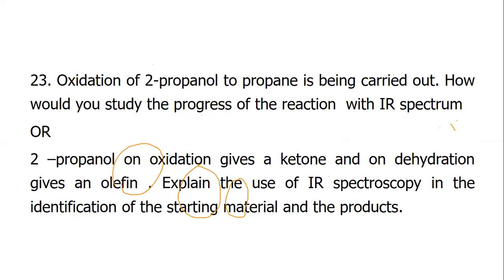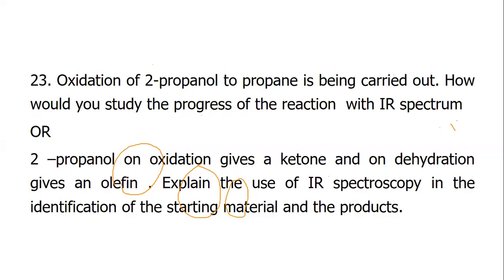Question number 23. Oxidation of 2-propanol to propanone is being carried out. How would you study the progress of the reaction with IR spectrum? Or, 2-propanol on oxidation gives a ketone and on dehydration gives an olefin.